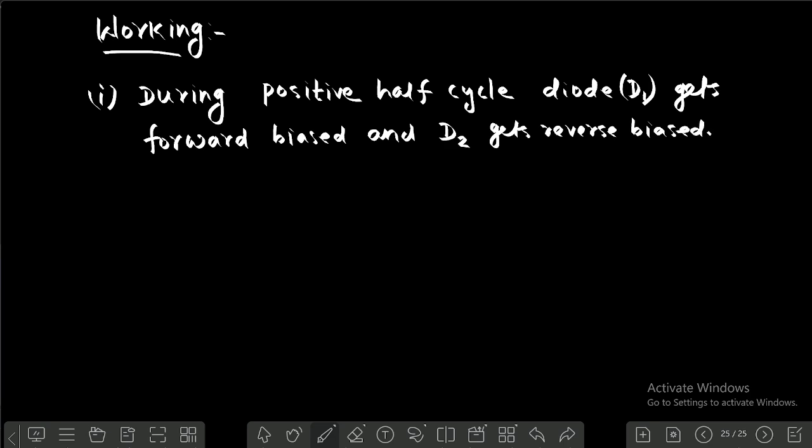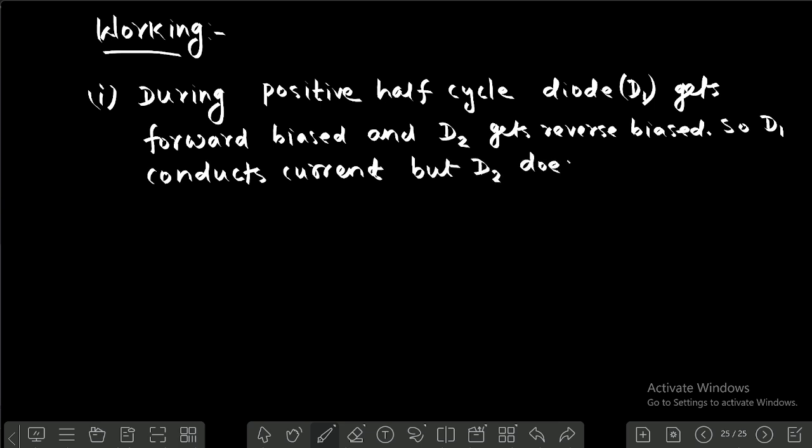Remember this. D1 conducts current, but D2 does not conduct.